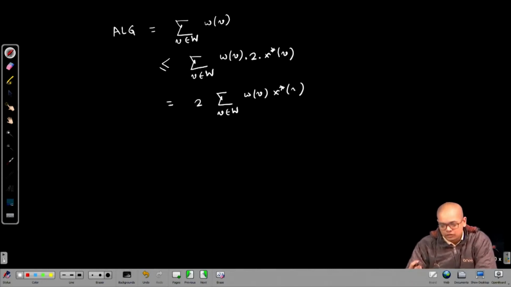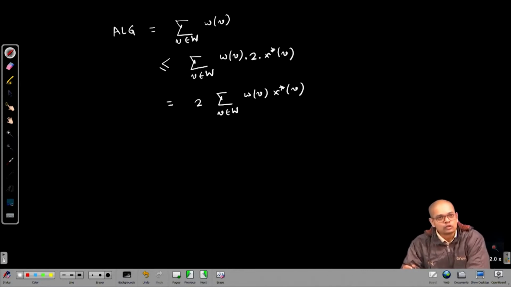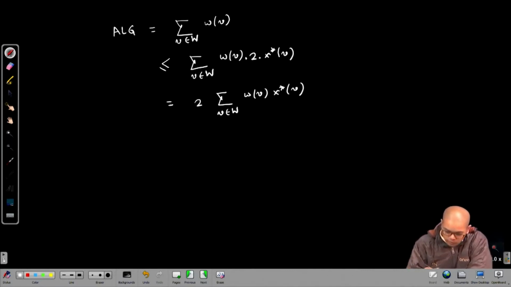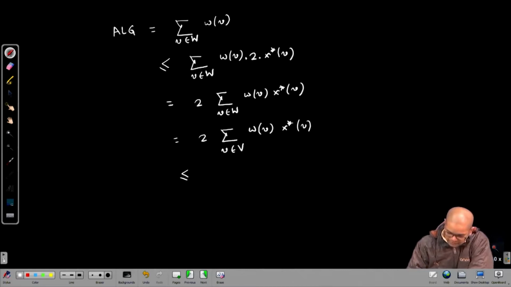But the vertices not in W have x star value 0. So, this is twice the summation over v in V of w_v x star v. But this is at most opt. This is twice opt. So, we have alg by opt is less than or equal to 2, which concludes the proof.